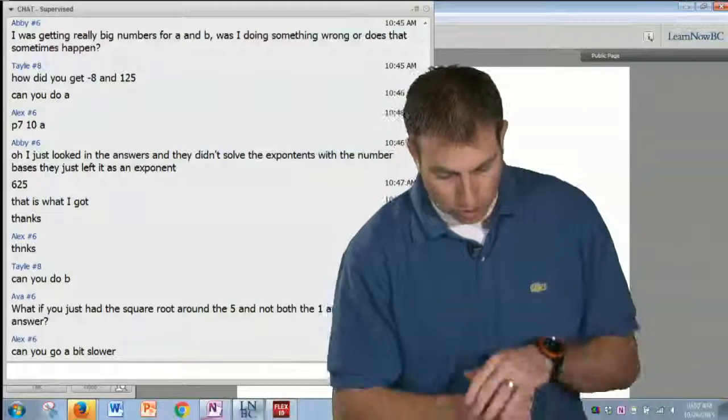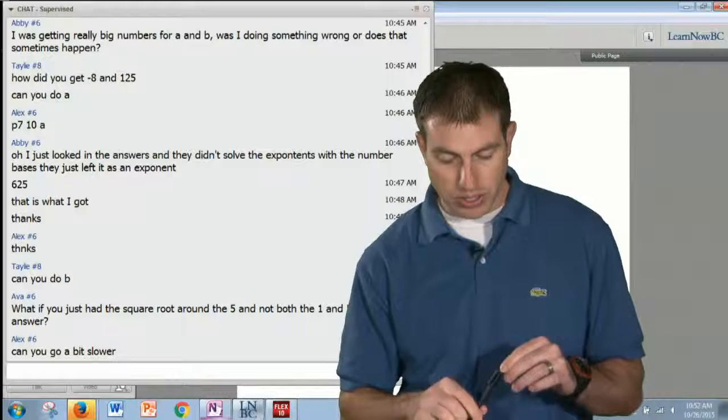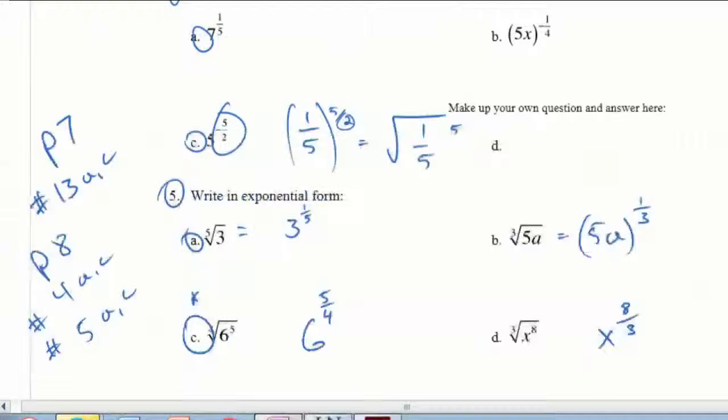Ava's asked a question. What if you just had the square root around the 5 and not both the 1 and the 5 in your answer? Just the square root around the 5, and not the 1 and the 5? I like up here. So you're saying, well, the square root of 1 is 1 and the 5th power of 1 is 1. So you have 1 over root 5 to the 5.